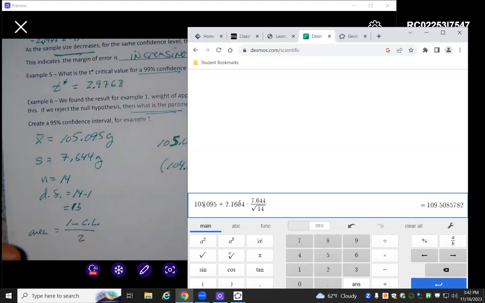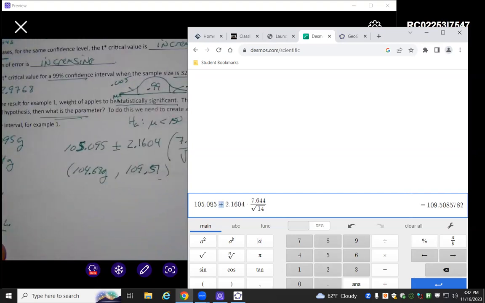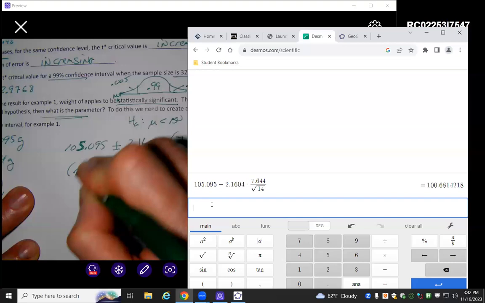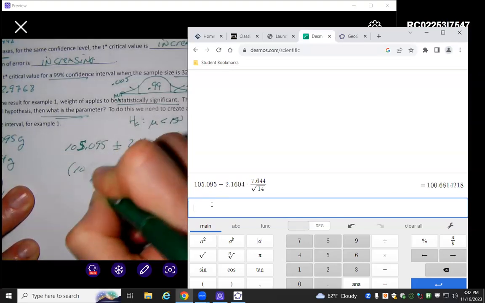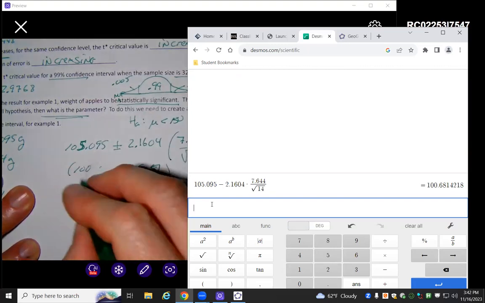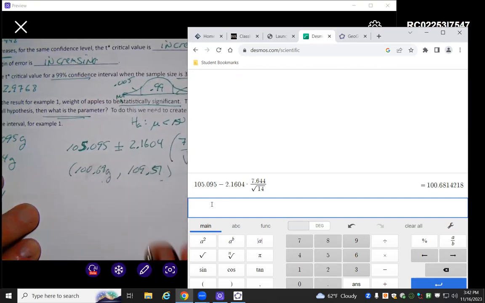And my lower value, 100.68 grams. Fantastic. So what does this mean?